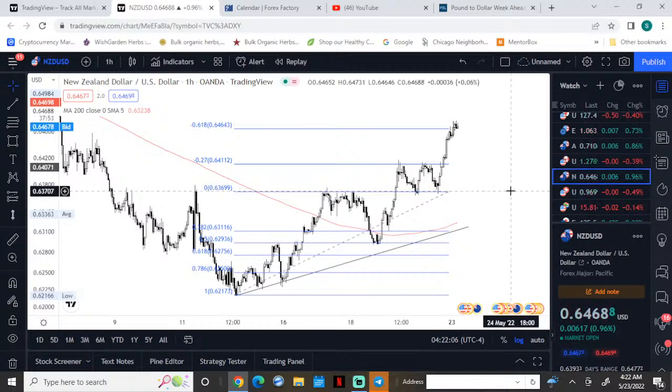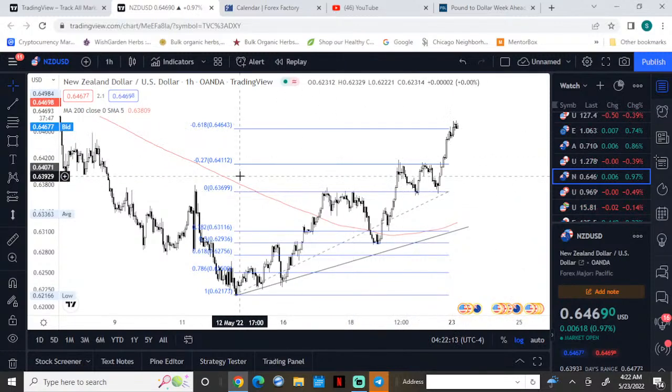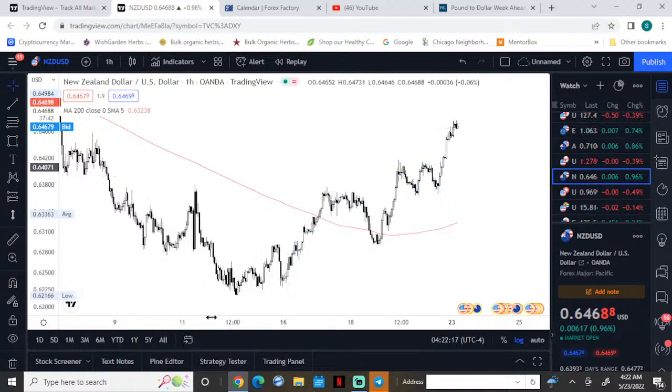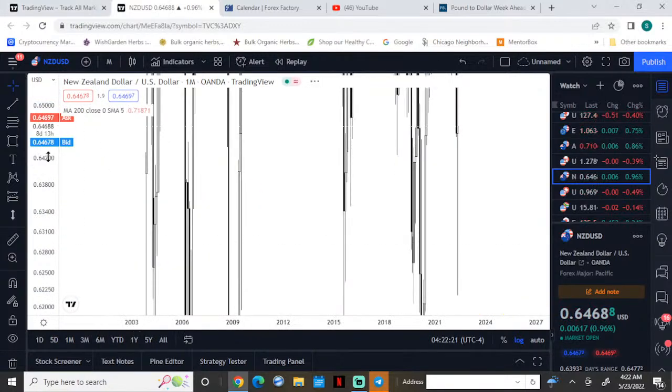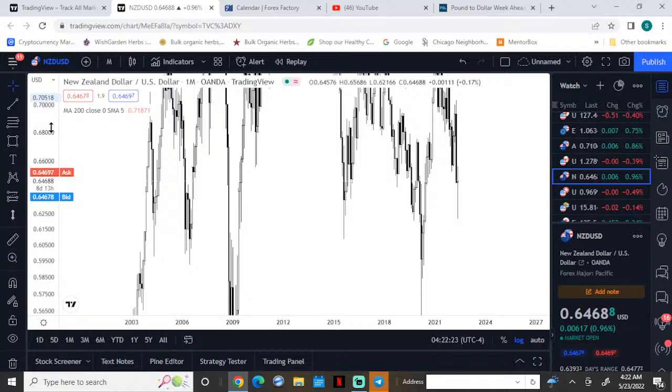NZD USD. It has reached the 618. Let's do a full markup. Let's see what's going on.